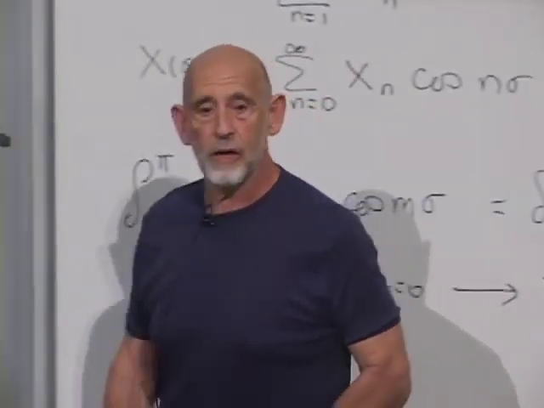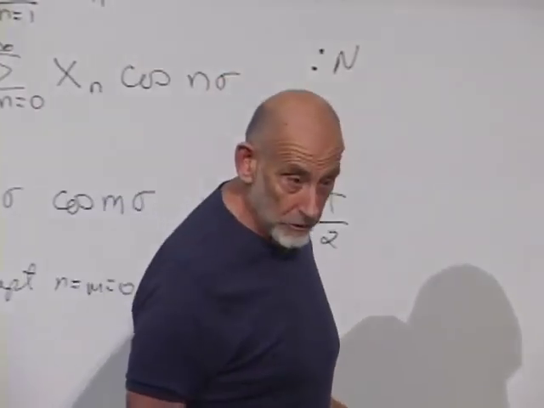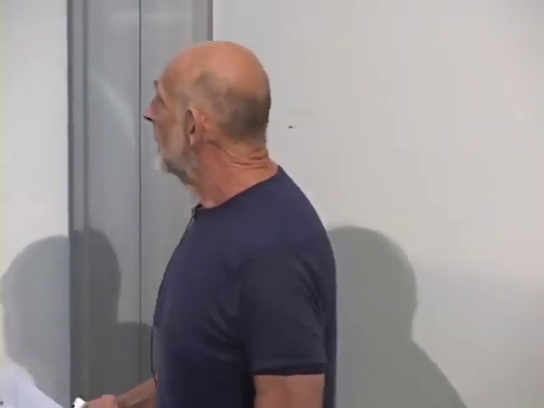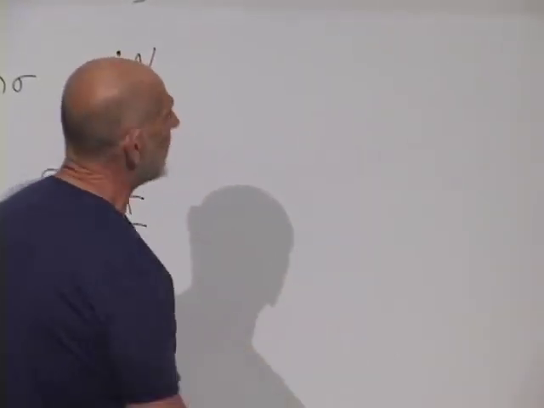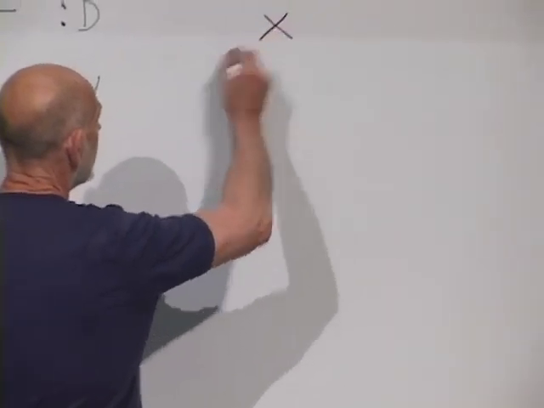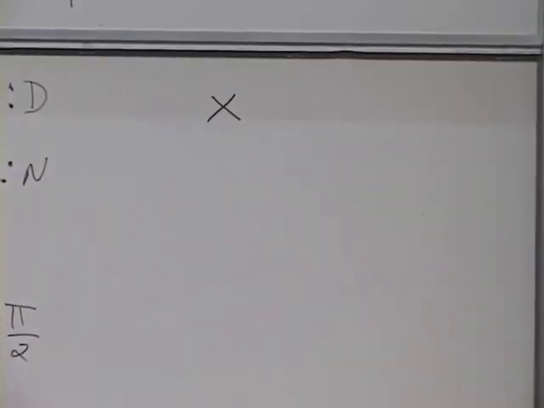If you have a harmonic oscillator described by a coordinate x, a Hooke's law oscillator, the coordinate of the oscillator you could write as x. Whether or not it's the same x as here, we'll come back to.